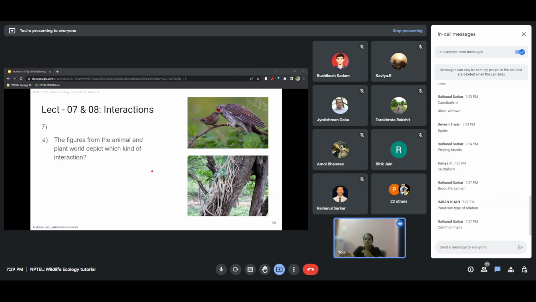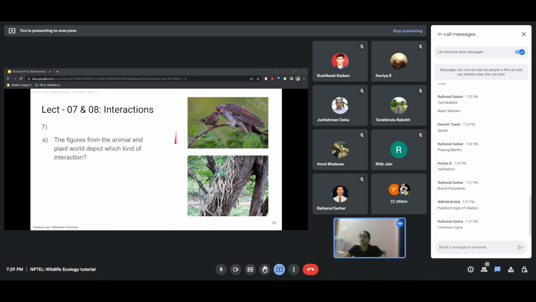Either they'll make eggs with very similar markings to crow eggs, or the mouth markings of the chicks, so you see this orange color inside, will be very similar to the colors inside the host species chicks. So that's how they're able to fool the host species that they are not a foreign chick.